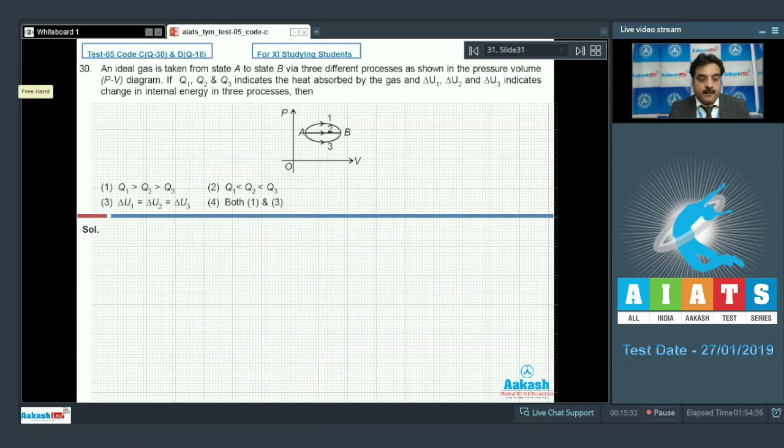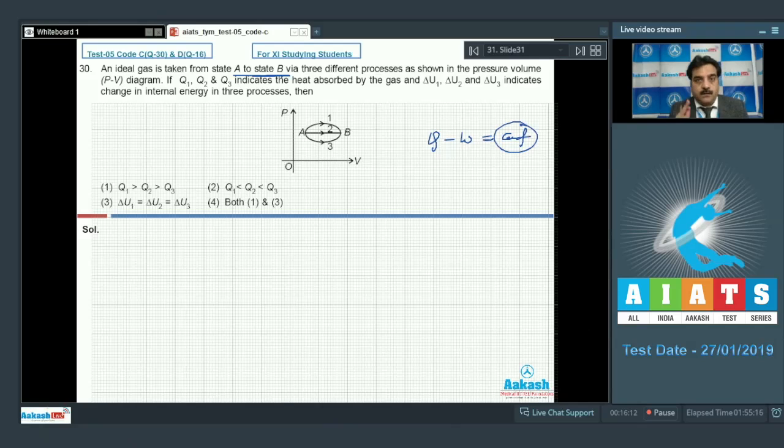In problem number 30, an ideal gas is taken from A to B by 3 different processes as shown in the pressure volume, that is PV, indicator diagram. Q1, Q2, Q3 indicate the heat absorbed by the gas. ΔU1, ΔU2 and ΔU3 indicate the change in internal energy in the 3 processes. Before solving this question, I would like to say something. If any thermodynamic process is done by different paths, then in the case of an ideal gas, the difference between heat and work remains constant.